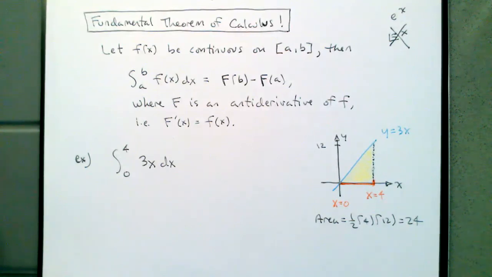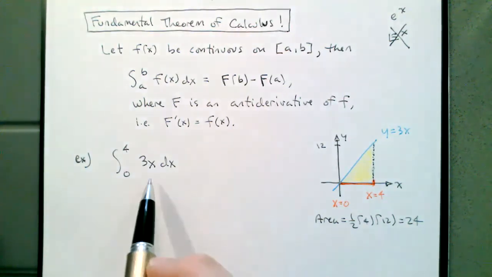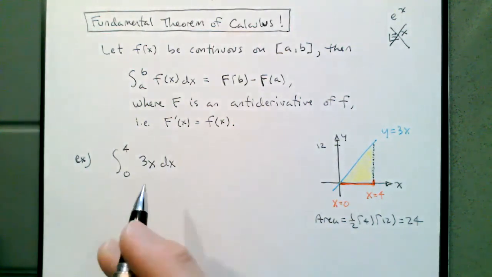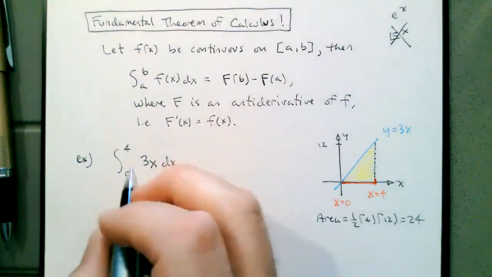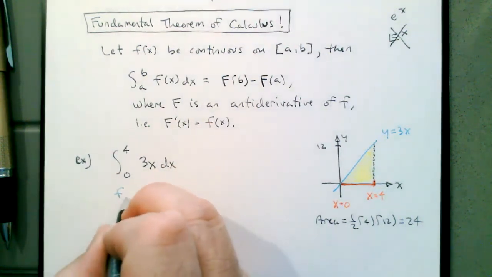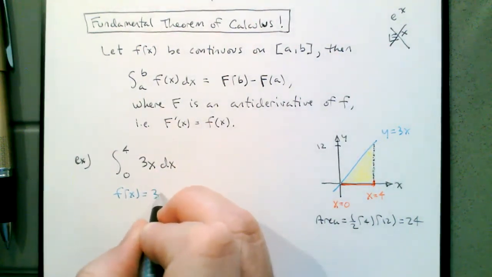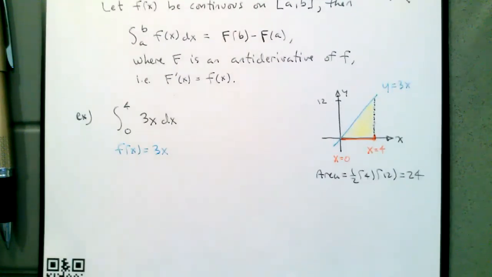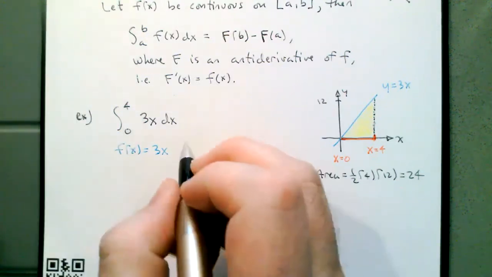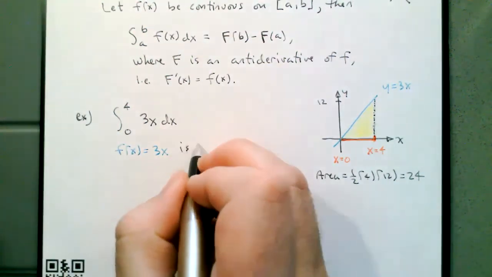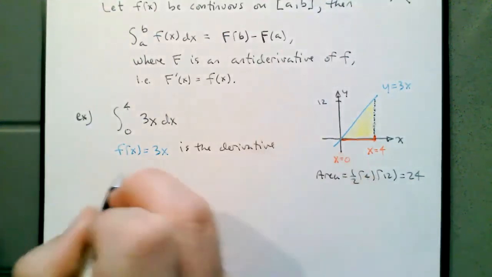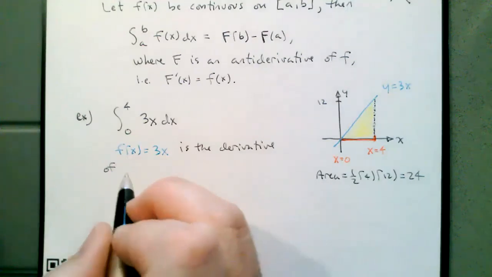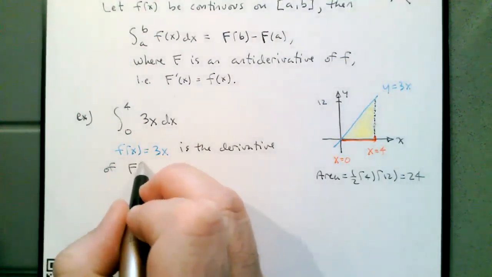So our function is 3x. That's little f. So little f of x is 3x, and we're saying 3x is the derivative of some function, capital F of x.